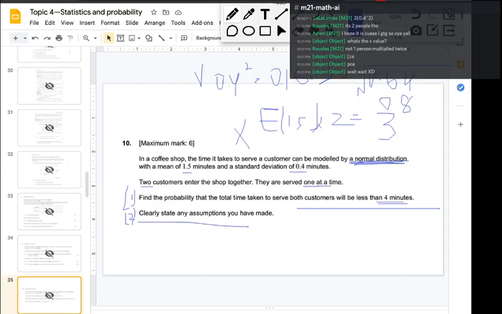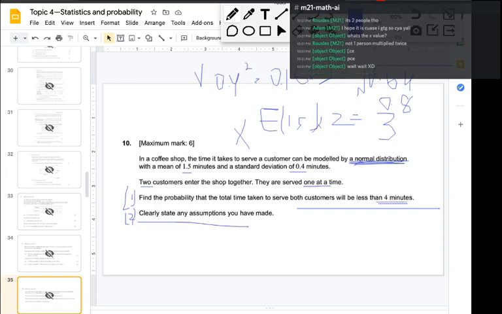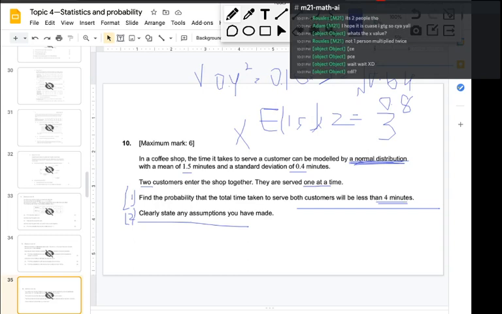You just try putting in norm CDF. The value range of norm CDF is 4, because this is continuous.